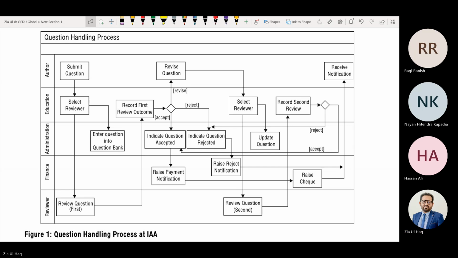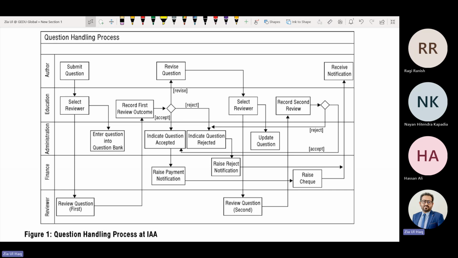So the author designs the question, submits to the education department, they select a reviewer and submit to the reviewer, please review this. And what happens now then? Reviewer, after reviewing, sends the question back to education. They record the first review outcome. And based on that outcome, either the question will be accepted or rejected, or they ask the author to revise.